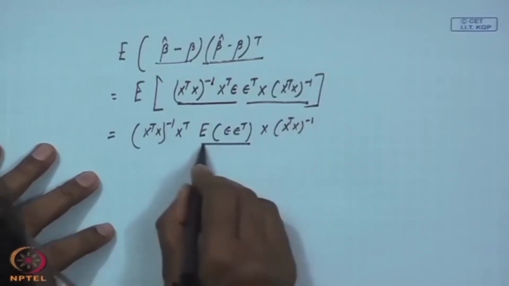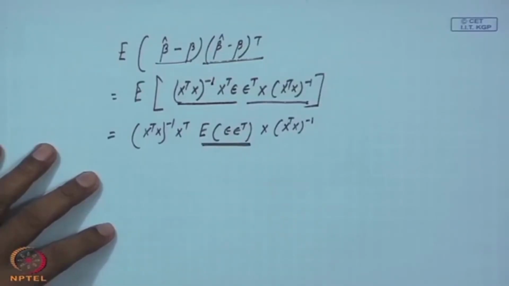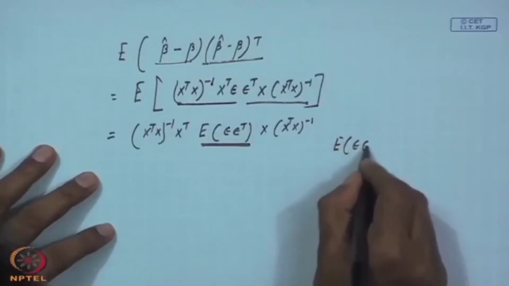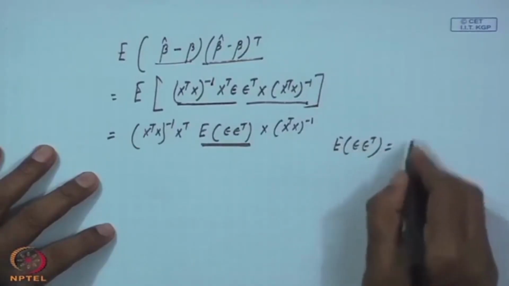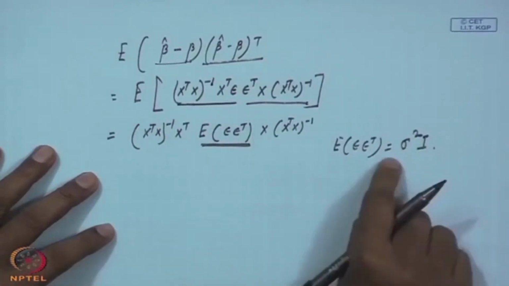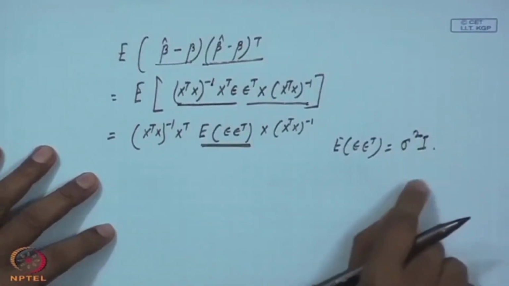So, what is the expected value of epsilon epsilon transpose? It is the covariance matrix of the error term. For the covariance matrix of the error term, we assume equality of variances across the observations. So ultimately the expected value of epsilon epsilon transpose will become sigma square I, because there are n observations with the same variance; that is from the assumption.